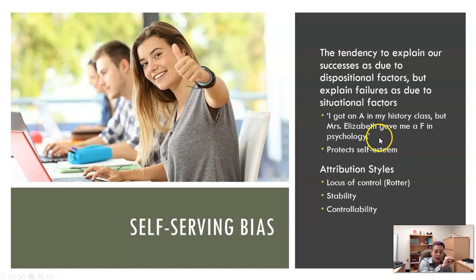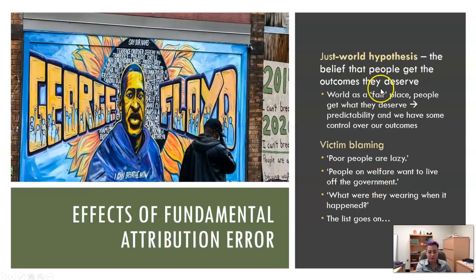I got an A, but Mrs. Elizabeth gave me an F. Okay? Do you see the difference there? You're saying one is internal and you earned it, whereas our failures we dismiss to circumstance. Our brains want to view us positively all the time. That is the point you get out of this section. And that interferes with how we relate to our in-groups and our out-groups, which we're going to talk about next.